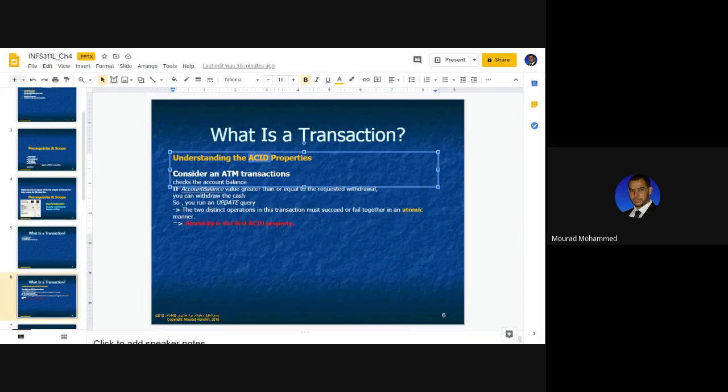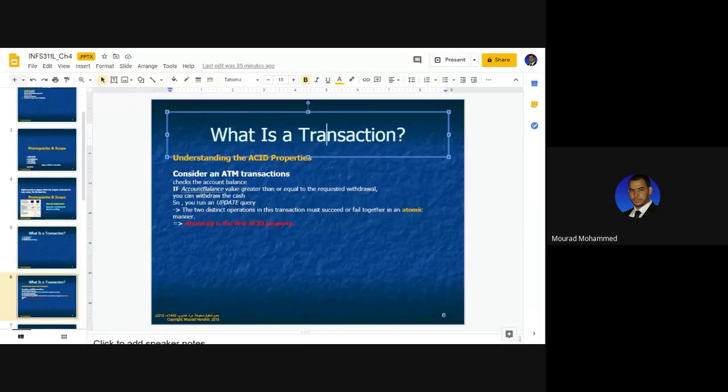Thus, if those four properties are not respected, the transaction can still give an outcome.